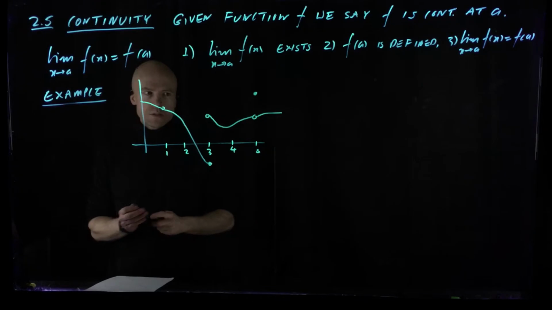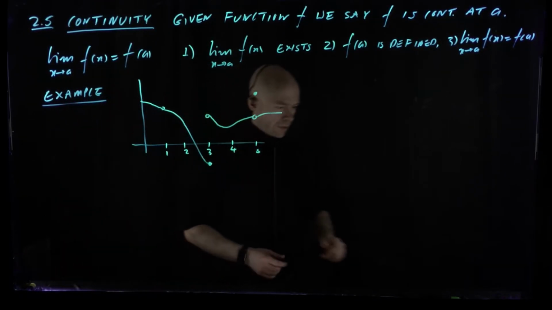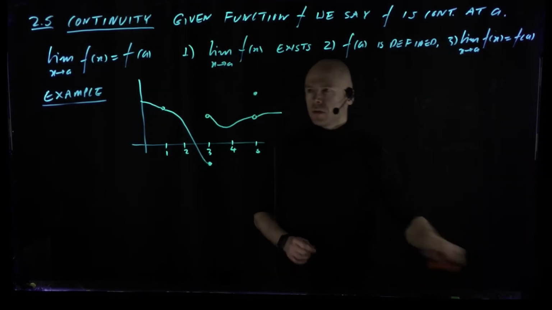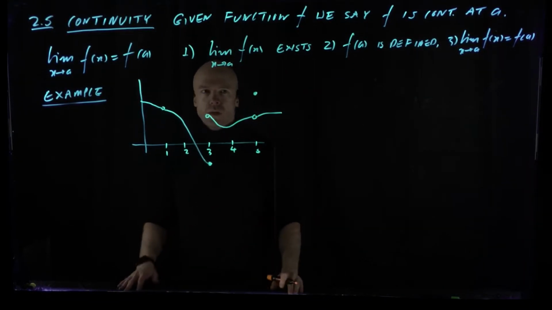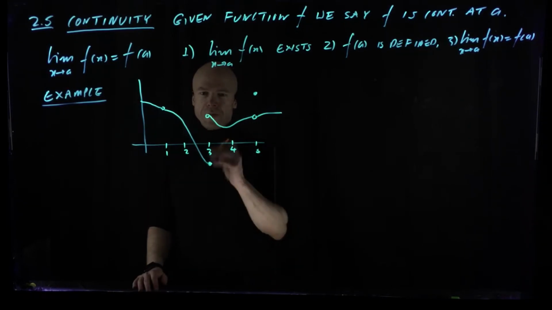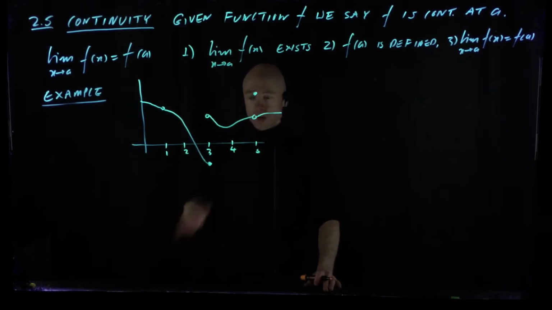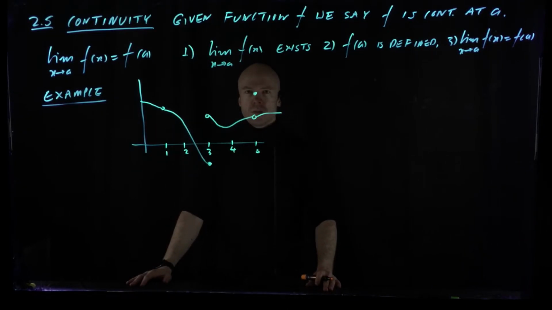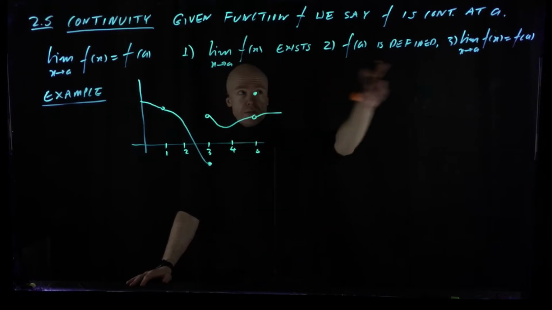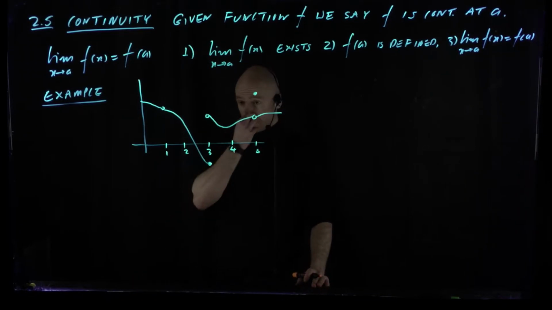Okay, look at this graph, and let's try and identify all the points where this thing fails to be continuous. Actually, what would be a good idea is if you pause the video at this point and try for yourself to make a list of all the points you see here that fail to be continuous, and then which of these reasons are the reasons why it fails to be continuous.